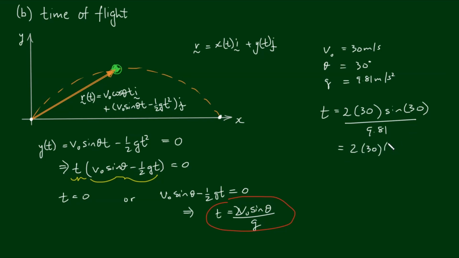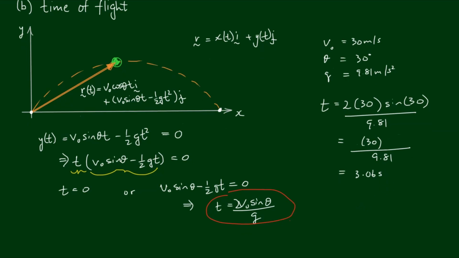Sine of 30 is a half on 9.81. The 2 and a half cancel, so all you have to do is calculate 30 on 9.81 and we should get 3.06 seconds.